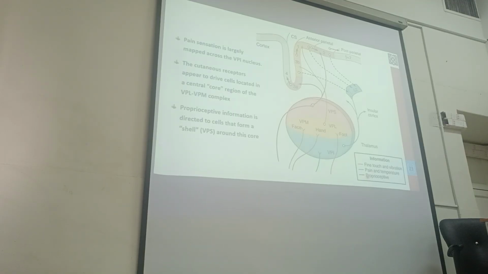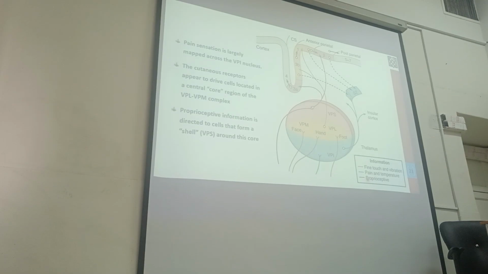So we have muscle spindles, Golgi tendon organs, so I didn't talk about that. I only mentioned 6 receptors related to touch, pressure, and vibration. So we have other receptors related to position. They are in muscles and bones and joints. So from these receptors, information goes to ventral posterior superior.